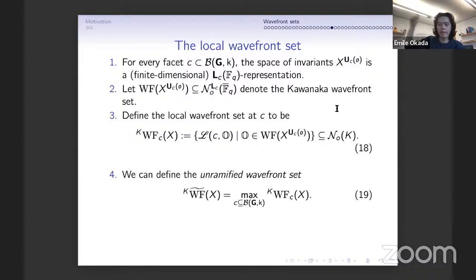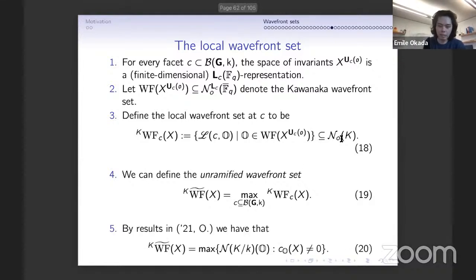So you take every facet of your building and you lift all the canonical wavefront sets and you define the maximum of these orbits to be the unramified one. And in my preprint, I show that this coincides with the natural notion of what one might call the unramified wavefront set. It coincides exactly with the largest unramified orbits which arise in the local character expansion.